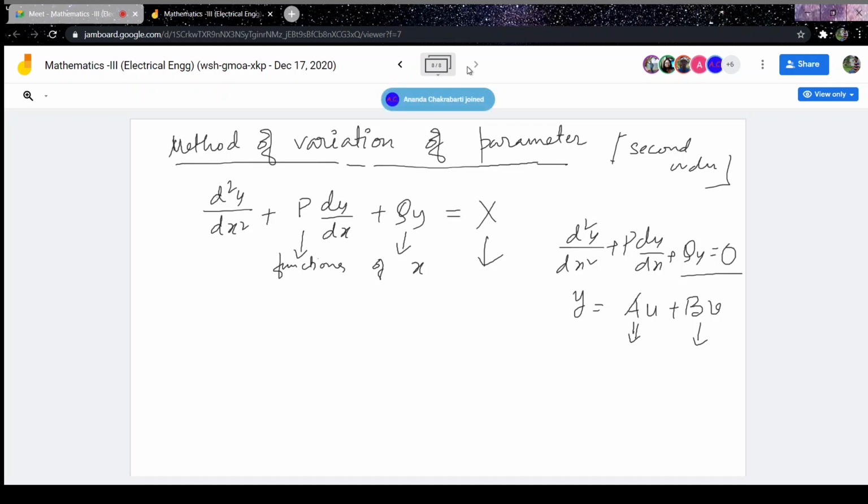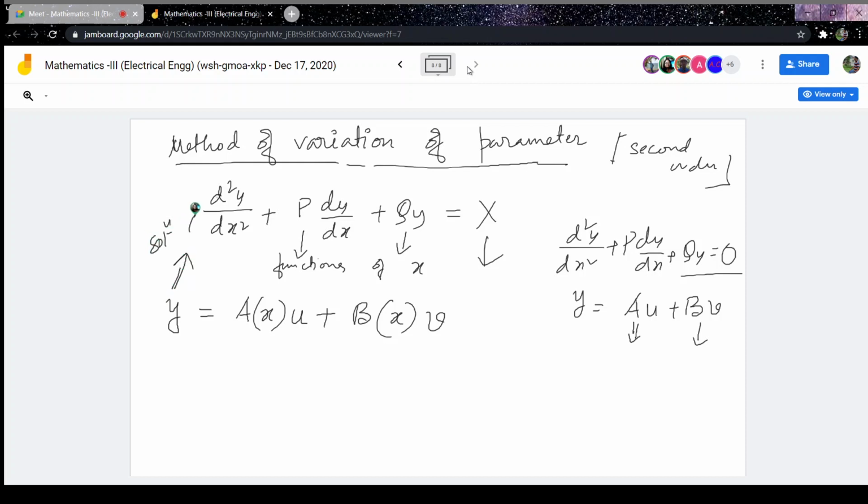Now what we try is, we assume this A is not constant, that is, I am varying the parameter, and B is also a function of x, such that this is a solution of the given differential equation.